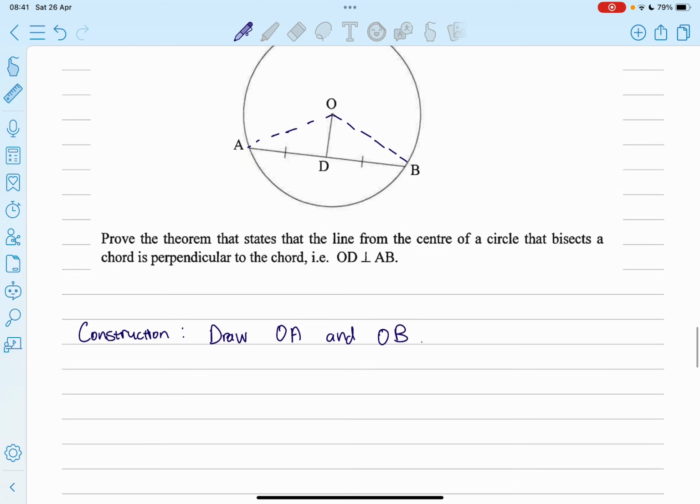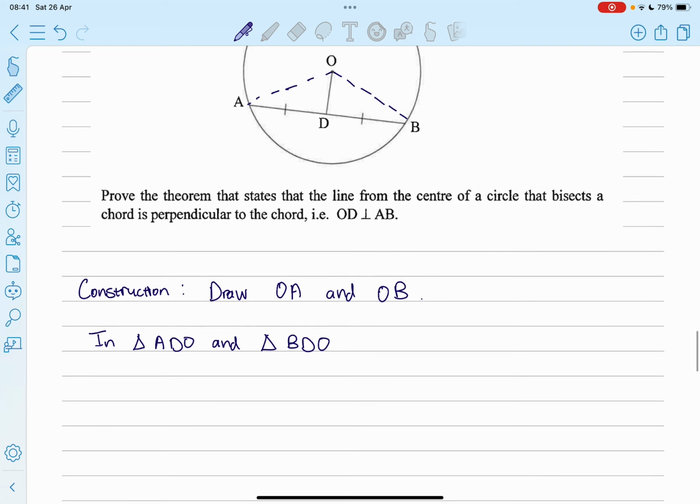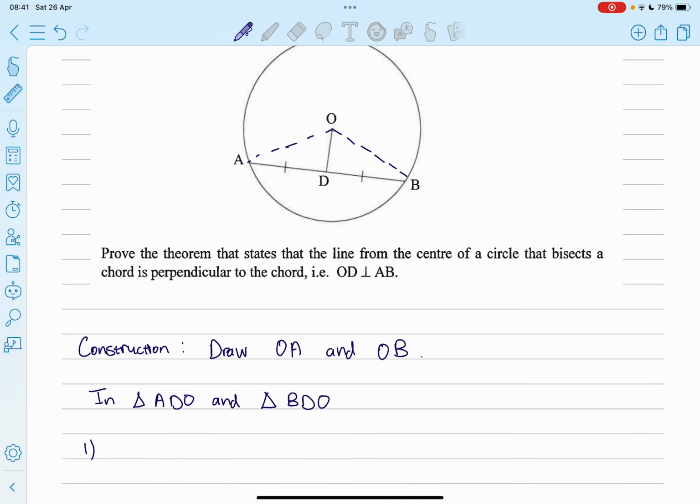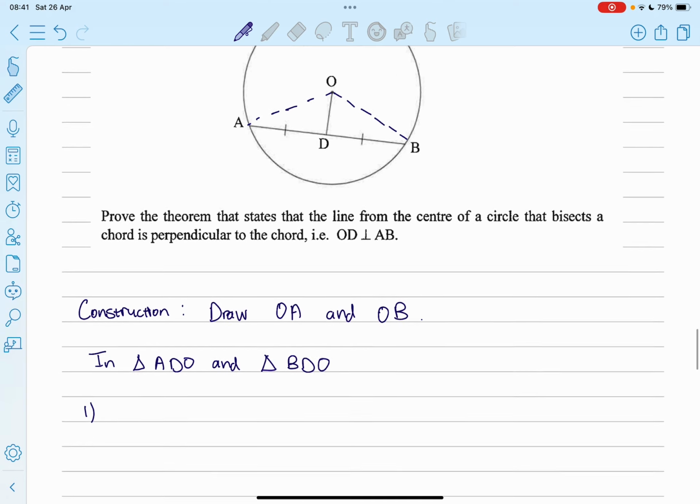So let's begin. In triangle ADO and triangle BDO, the first thing is that AO is equal to OB.